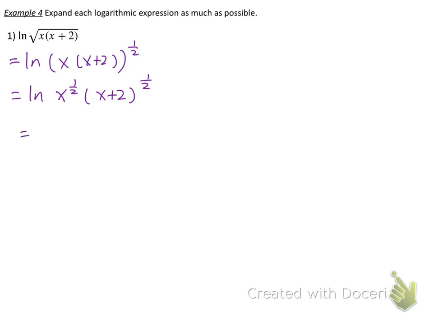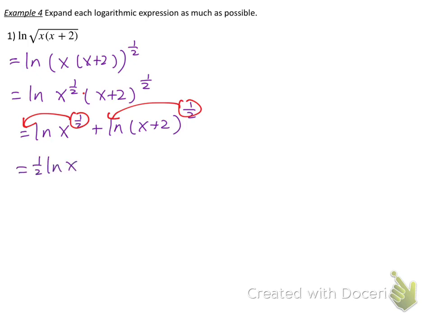Then the product becomes a sum of 2 logs. And then I pull my coefficient to the front. 1/2 ln x plus 1/2 ln(x+2).